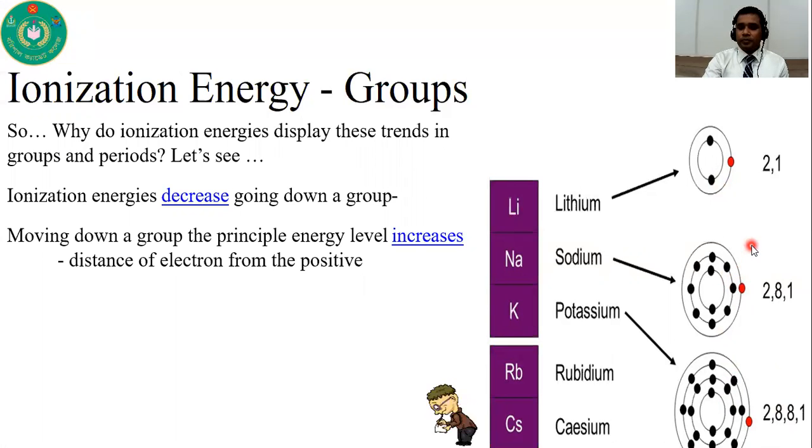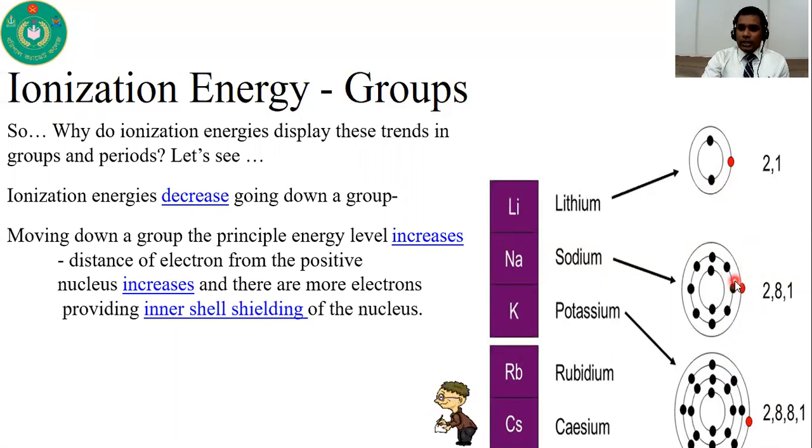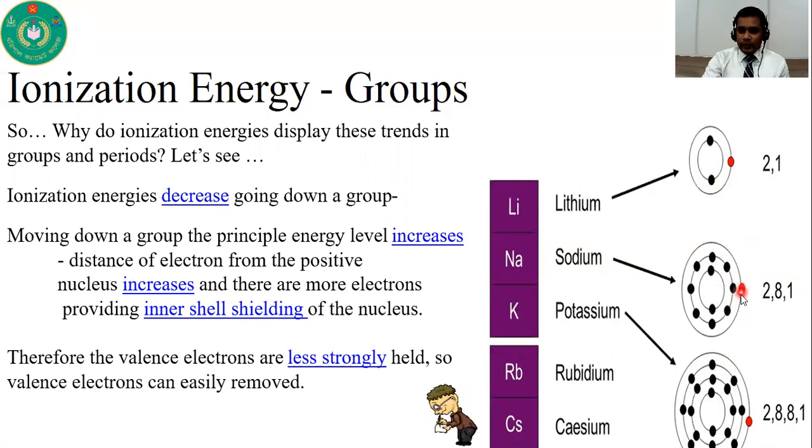That's why these electrons provide inner shell shielding of the nucleus. That's why this valence electron can be easily removed.